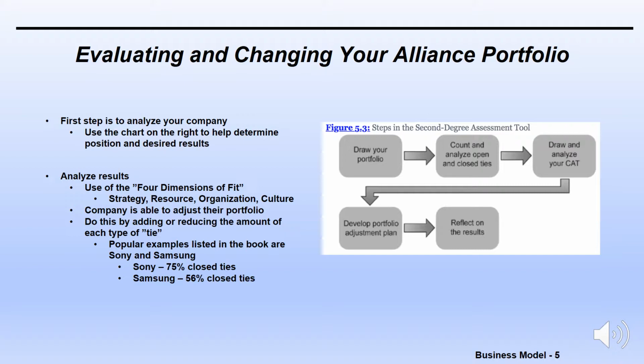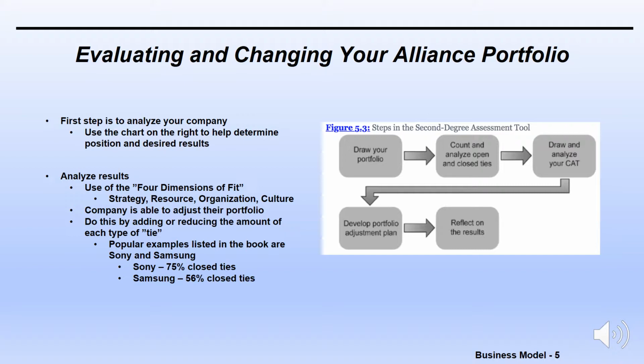In this step, it allows an organization to analyze itself and determine if their alliances, their relationships, and their portfolio is optimal. And then it allows them to change that, which is done through altering your open or closed ties, as mentioned previously.